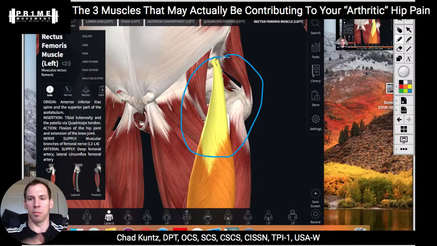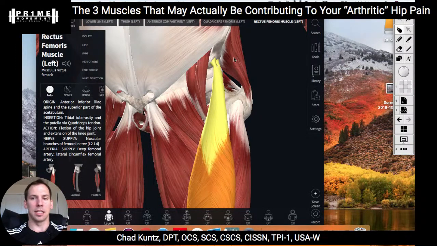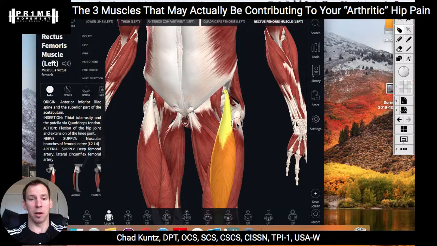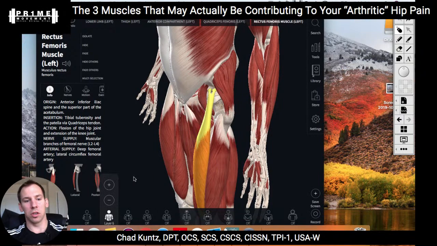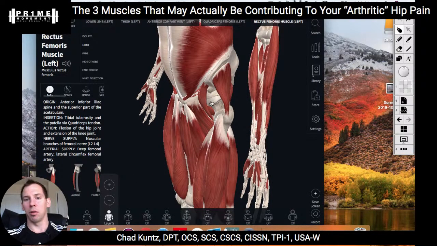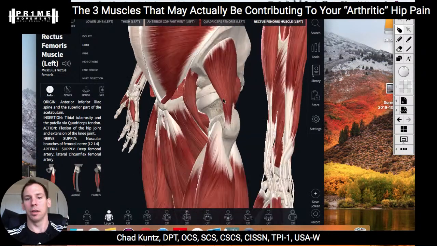It's so common for people to palpate in the front of the hip there. And the reality is it's coming from a really tight rectus femoris. I've palpated and seen a lot of stringy, tight hip flexors, including this rectus femoris, that is causing people's so-called arthritic pain. But it's actually coming from the rectus femoris.